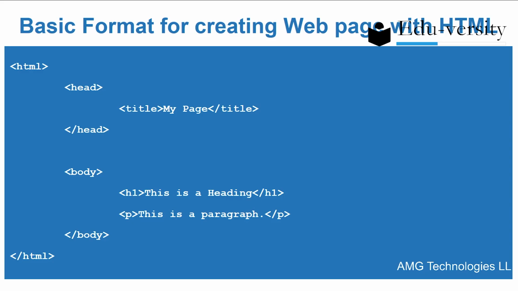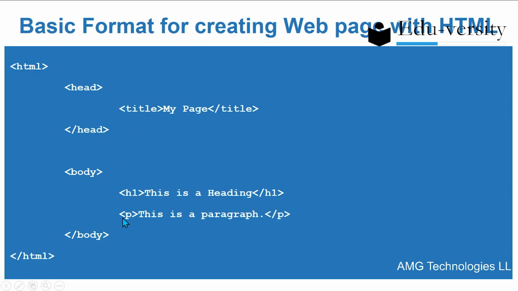And every tag surrounded with angular brackets and with a forward slash is known as a closing tag. So this HTML here is a closing tag and this is the opening tag. Next, we have the HTML tag. Everything written inside the HTML tag is known as a document and can be viewed on the screen.